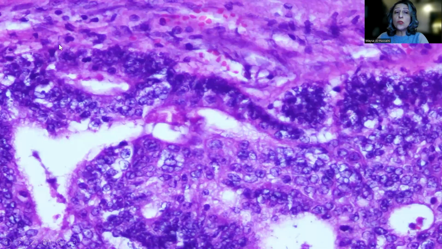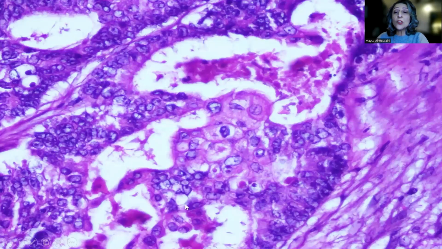So this is mostly composed of a cribriform arrangement of the tumor with the rounded nuclei, some tendency at squamoid formation. So again, low grade endometrioid carcinoma present in the ovary, involving the ovary, in the absence of evidence of rupture of the ovary or the capsule, no surface involvement, and no lymphovascular invasion.